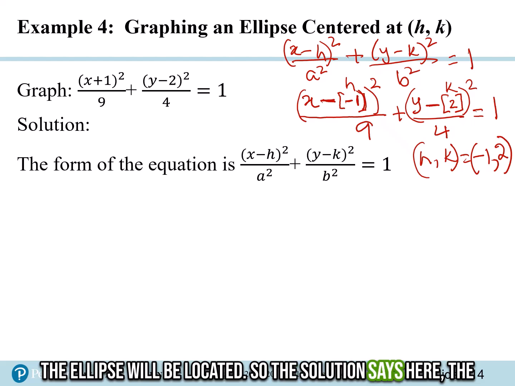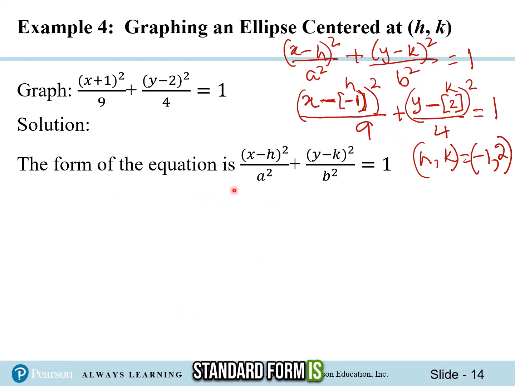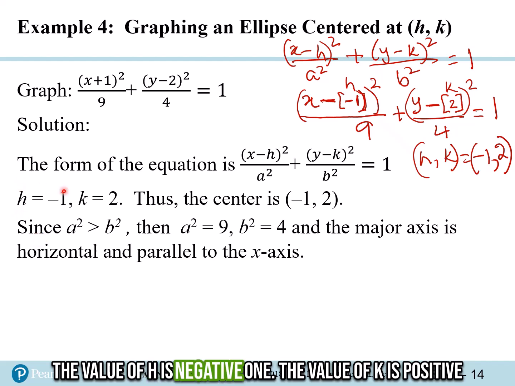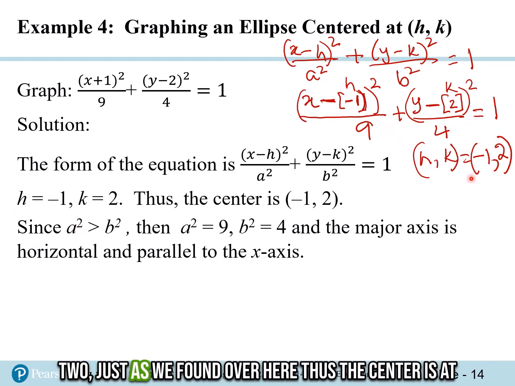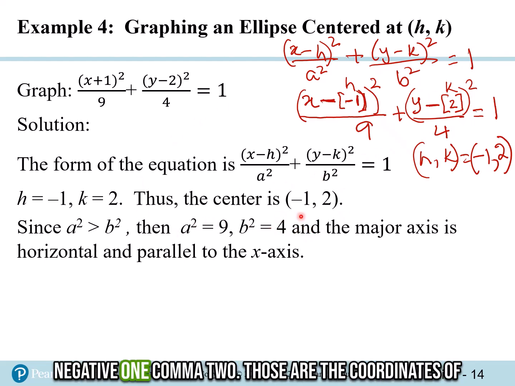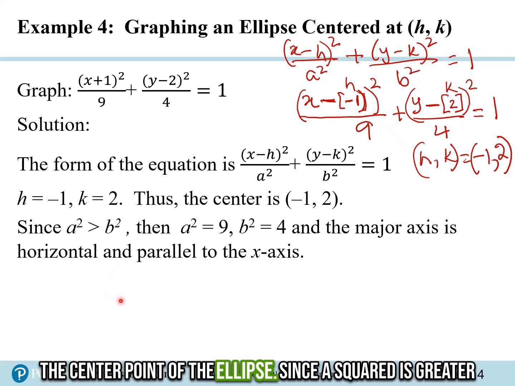So the solution says here, the standard form is x minus h whole squared over a squared plus y minus k whole squared over b squared equals 1. The value of h is negative 1. The value of k is positive 2, just as we found over here. Thus the center is at negative 1 comma 2. Those are the coordinates of the center point of the ellipse.